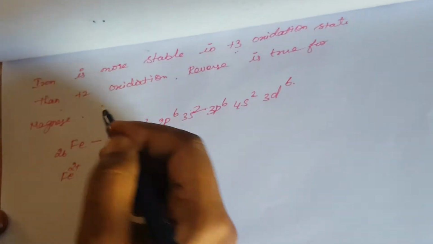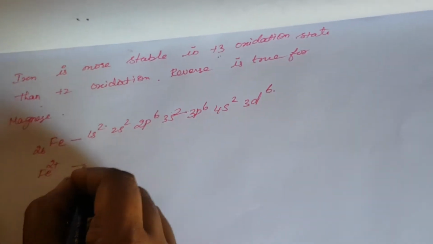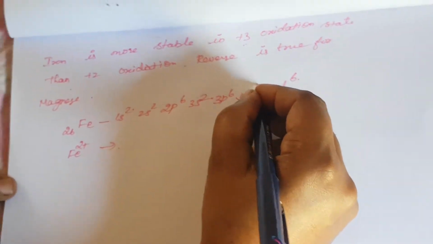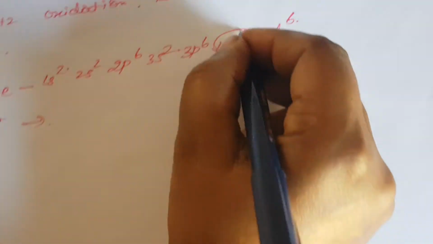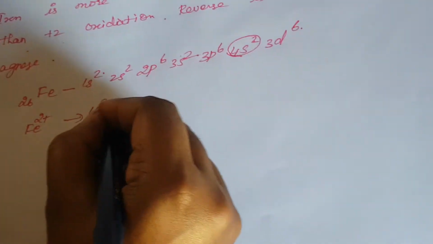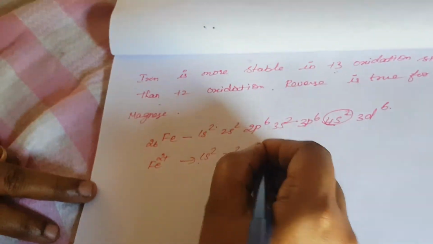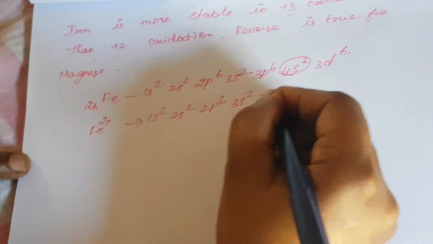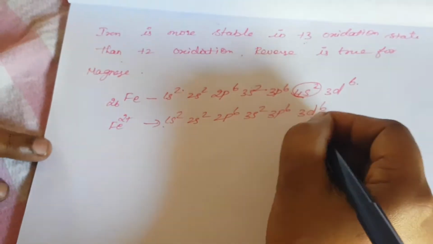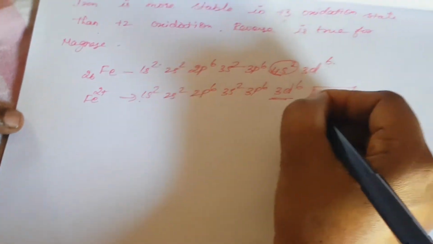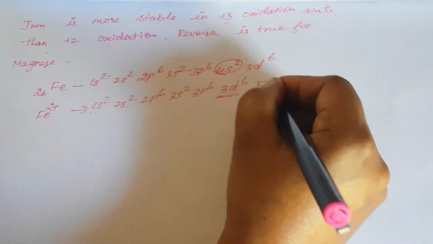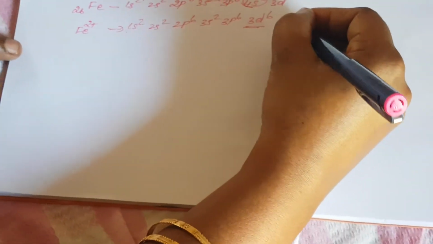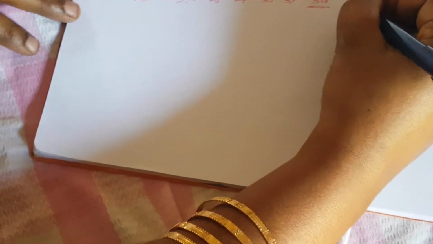For Fe2+, we remove the 2 electrons from the outermost s orbital: 1s2, 2s2, 2p6, 3s2, 3p6, 3d6. The d orbital is partially filled, 3d6.